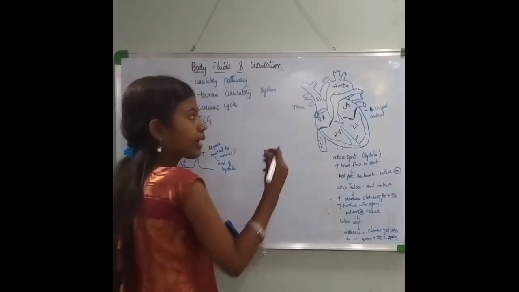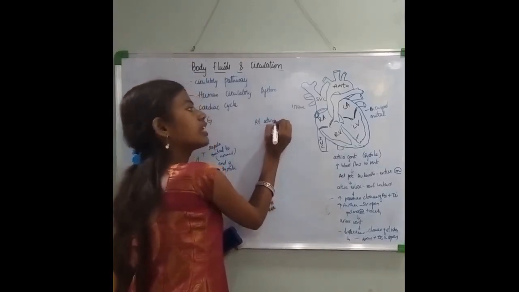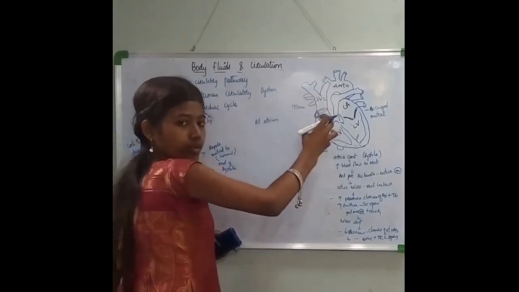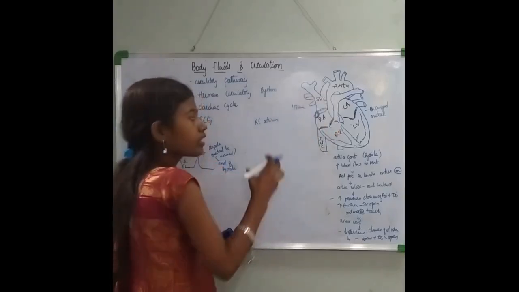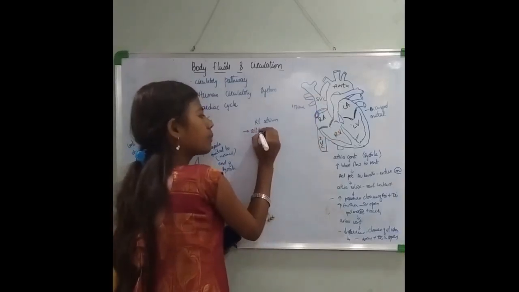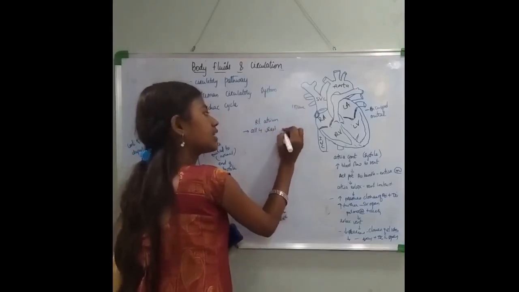In the beginning, the right atrium, which is over here, gets blood from the vena cava, from the body parts, so it fills. Initially, all four chambers of the heart are at rest, that is diastole.